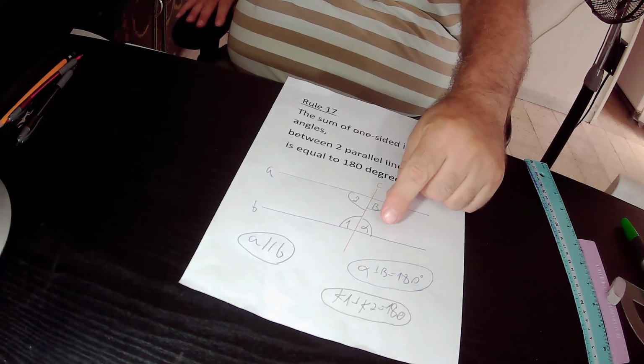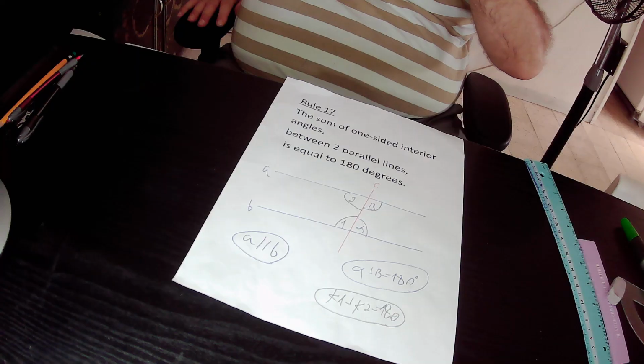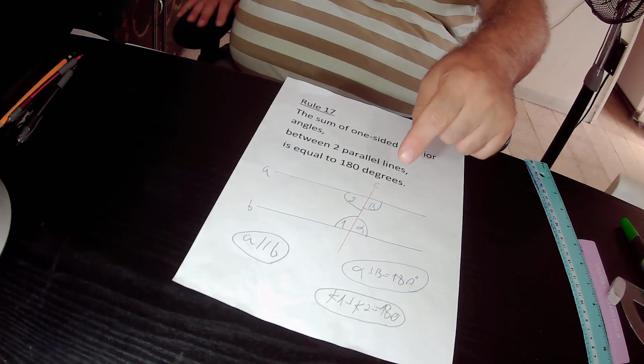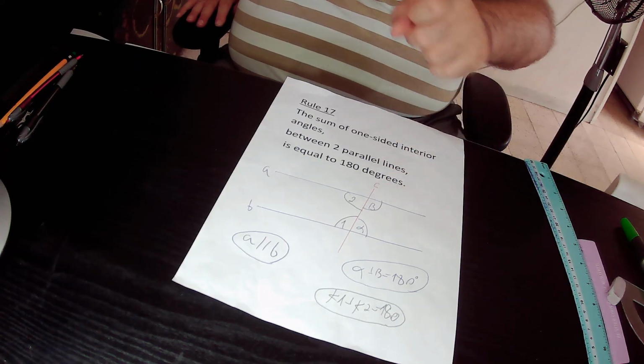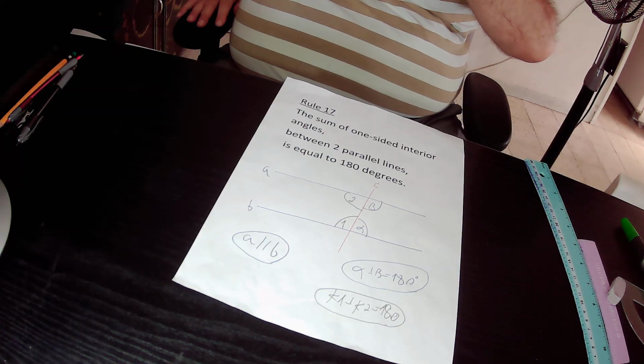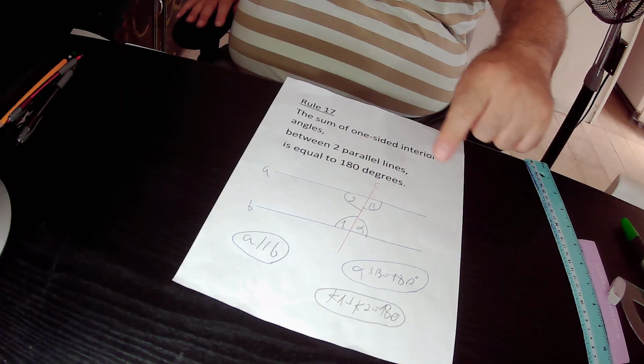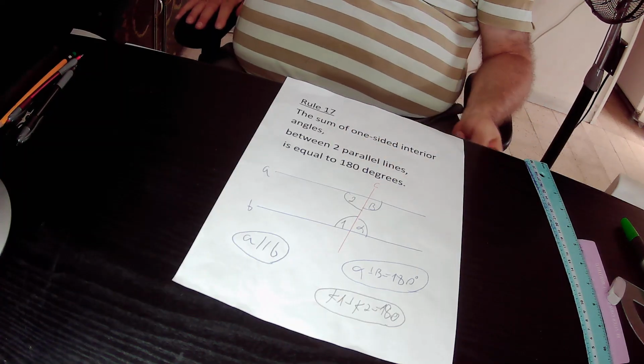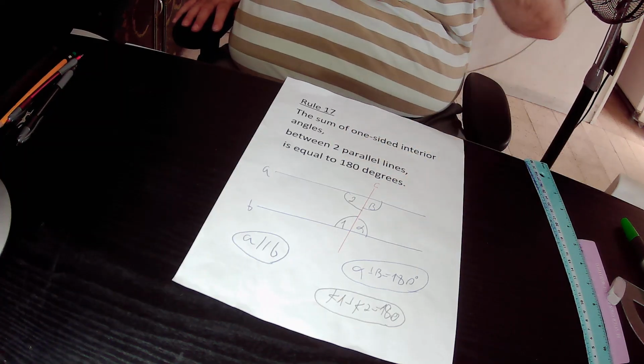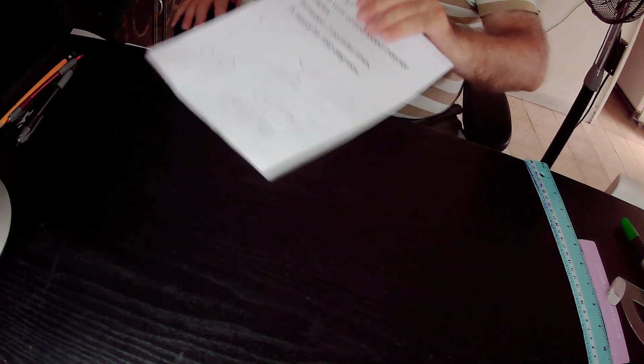Those two angles alpha and beta are defined as one-sided interangles. And because those angles alpha and beta are located between the parallel lines A and B, the sum of those two angles is equal to 180 degrees. That is to say, alpha plus beta is equal to 180 degrees. So we can actually implement rule 17 in our drawing.